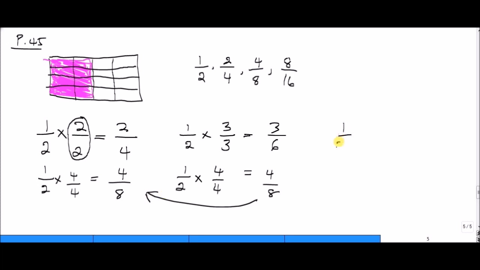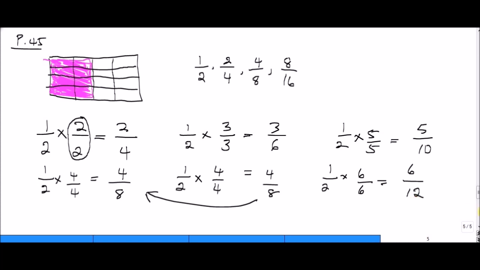Let's try 5. 5 ones, 5, 5 2s, 10. 6. 6 ones, 6 numerator. 6 2s, 12 denominator. So all of these are equivalent.